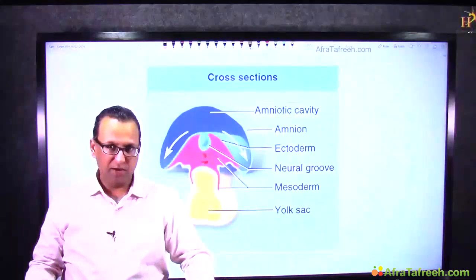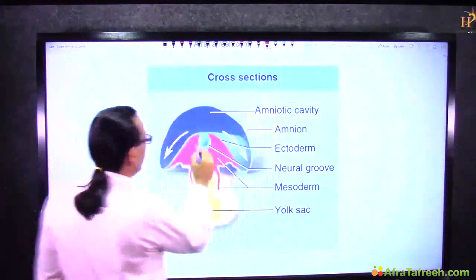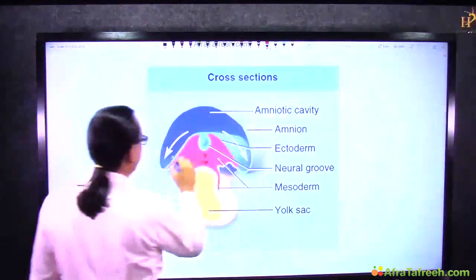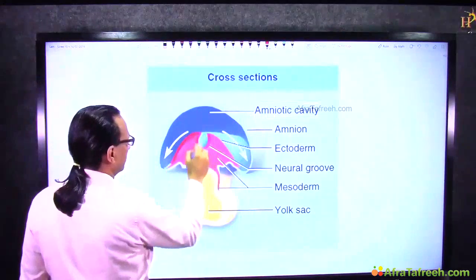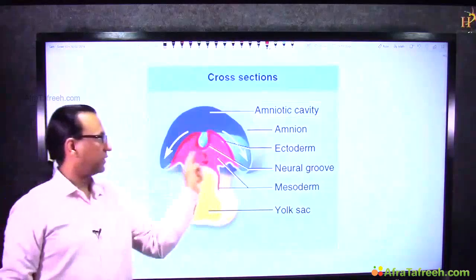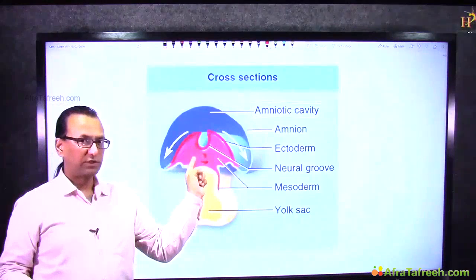This is lateral folding of the embryo. Also you can notice that at the floor of the amniotic cavity we have the ectoderm, and that ectoderm is making a neural ectoderm, and that neural ectoderm will later form the neural tube to form the central nervous system.